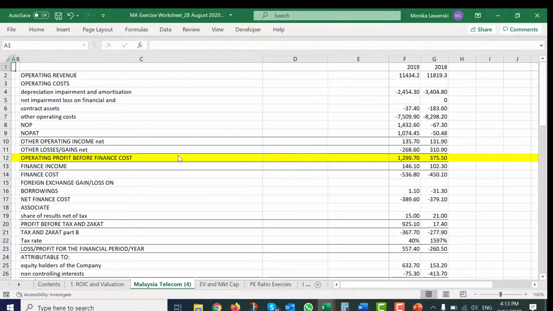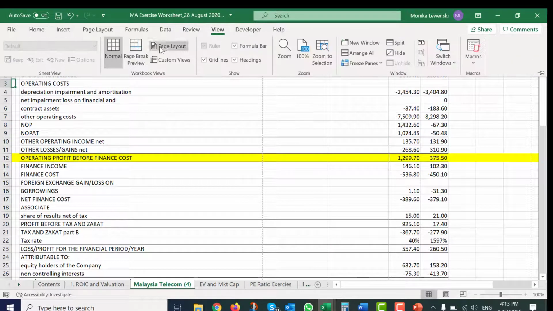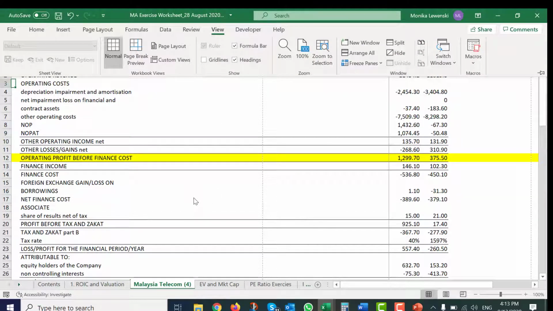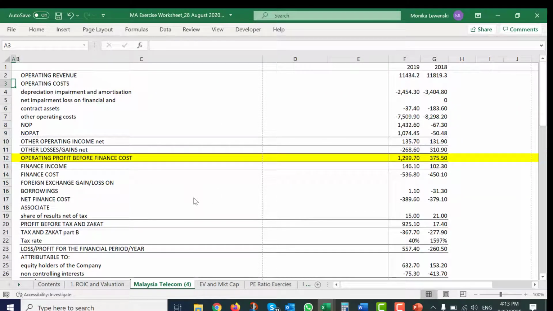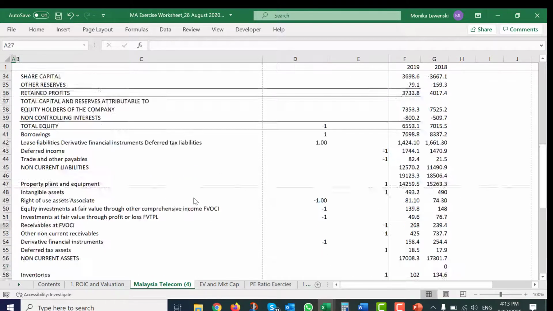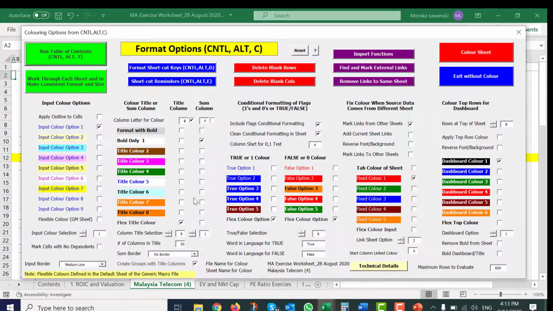In this famous McKinsey book, all they talk about is return on invested capital. Now, when we did our little analysis, I better do a little bit of a thing here, and I think I put it in column B. I don't need a sum column, and I'll just put two things here.